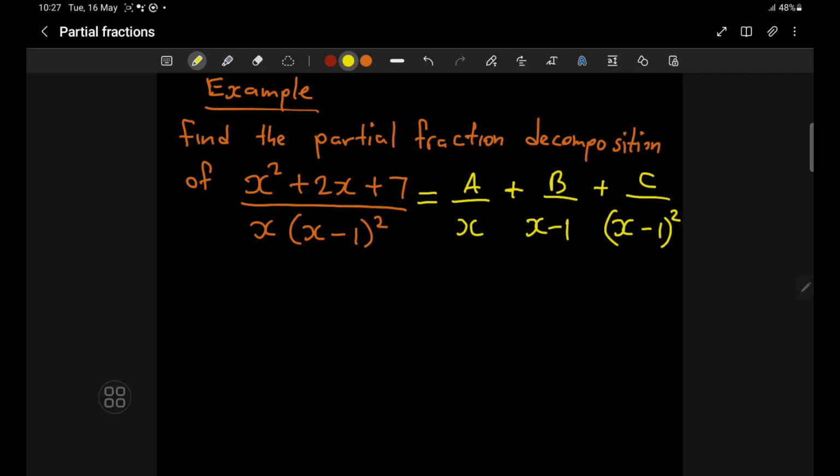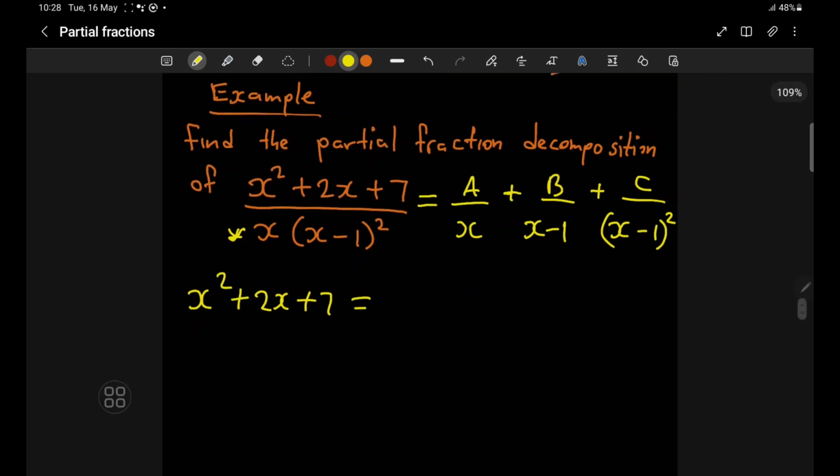So like we did previously, we'll multiply with the lowest common denominator, and that is x with x minus 1 squared. If we multiply it throughout this whole equation, we'll have x squared plus 2x plus 7, so the numerator will repeat, is equal to, then in this case, x and x will divide.